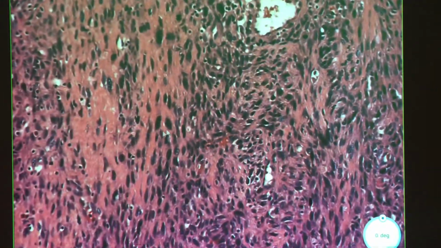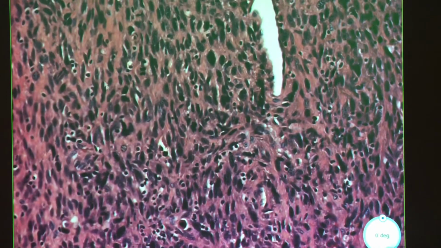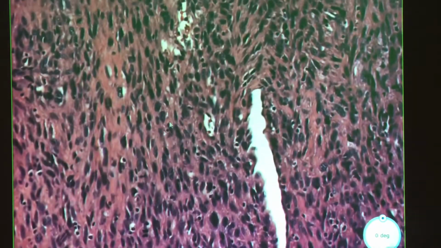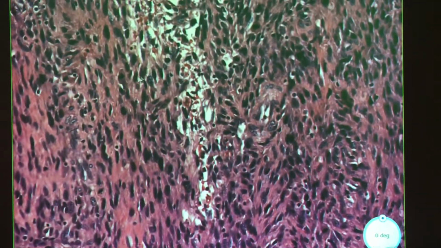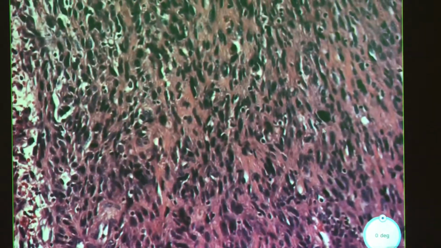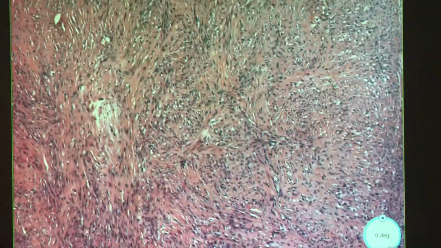What I'm not seeing... oh, here we go. This is definitely more spindled. Look at that. Oh my gosh, scary stuff. And again, we kind of had this lymphocytic infiltrate to give you an idea of how big these cells are, how atypical this spindled population is. But okay, so if anyone has any thoughts, again, you can shout it out.